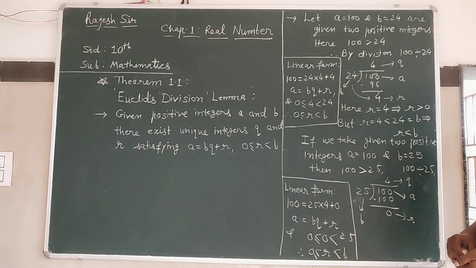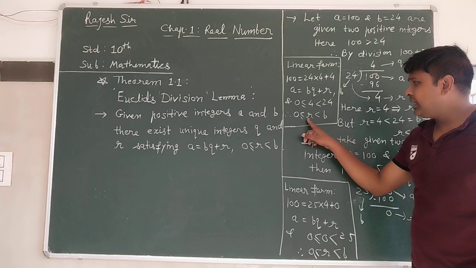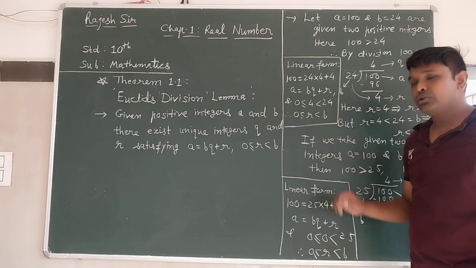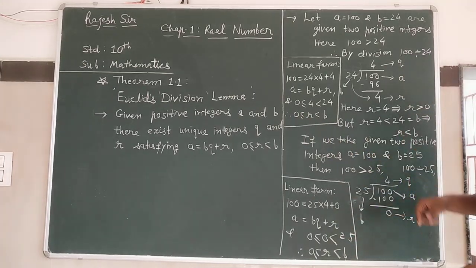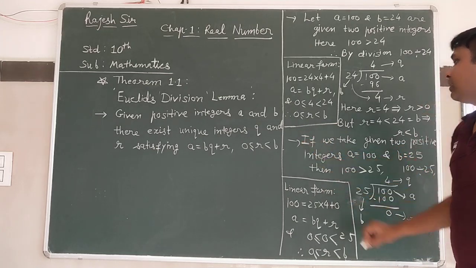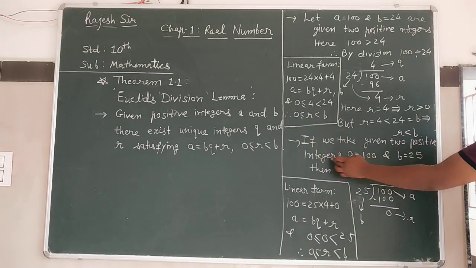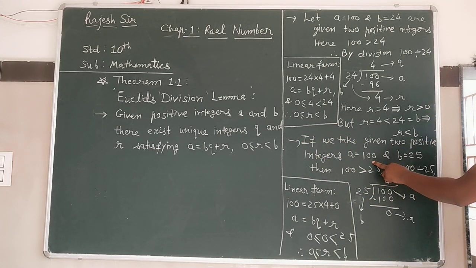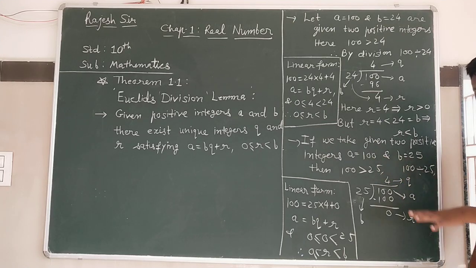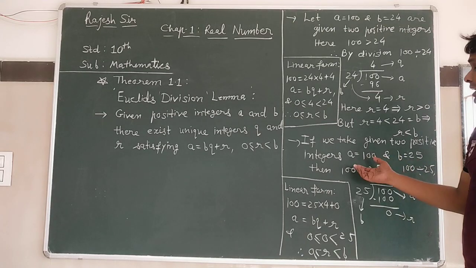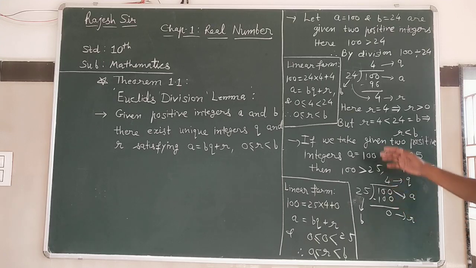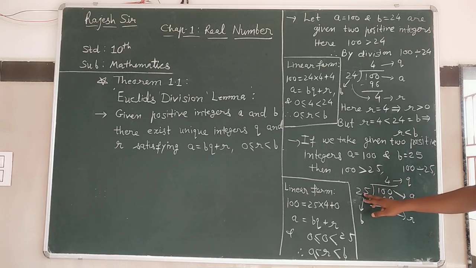Now the question in our mind is: why are we writing r greater than or equal to 0, and not just greater than 0? So we take one more example. If we take two positive integers a equals 100 and b equals 25, in a similar way 100 is greater than 25, so 100 will be divided by 25. 25 fours are 100, right?